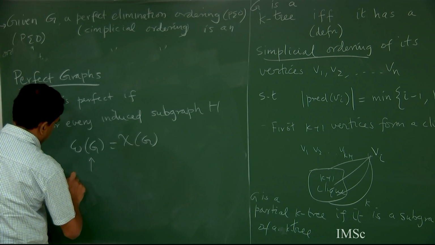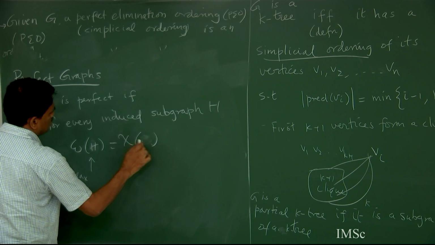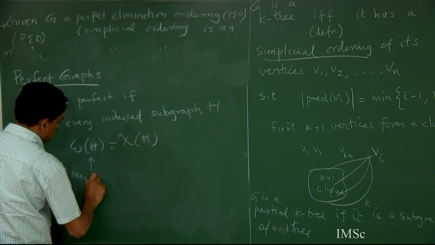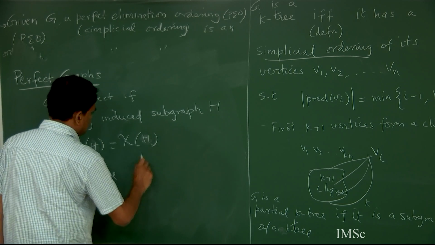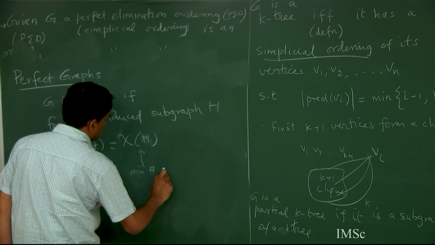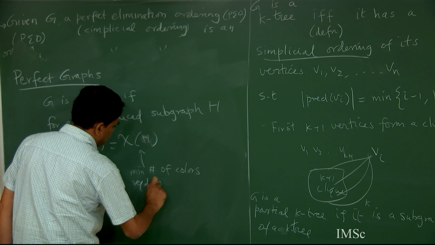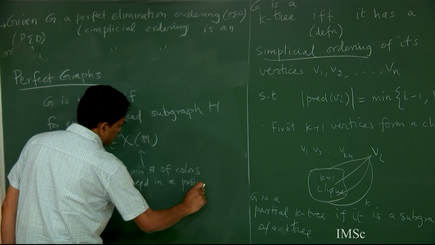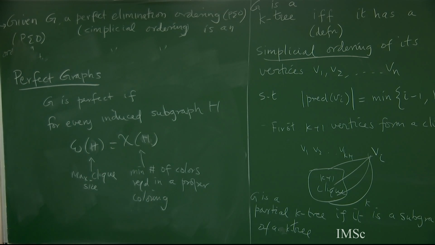Omega is the max clique size, and chi is the minimum number of colors required, the chromatic number. If this happens for every induced subgraph of the graph, then such a graph is called perfect.